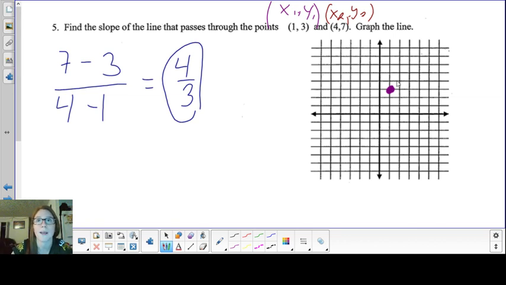So starting back here at the point we just did, I'm going to go up 4, 1, 2, 3, 4, and then I'm going to go to the right 3, 1, 2, 3. Now where is that point? Well, 1, 2, 3, 4, 5, 6, 7. There's my second point. So I was able to get from one point to my second point based on my slope.